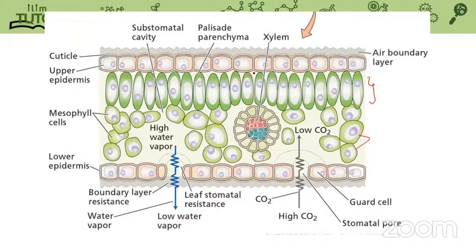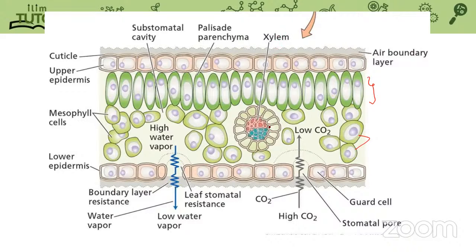So how does the structure of the leaf play a role in the movement of water within the xylem vessels in the stem? When the water gets to the leaf area, it gets here through the xylem.